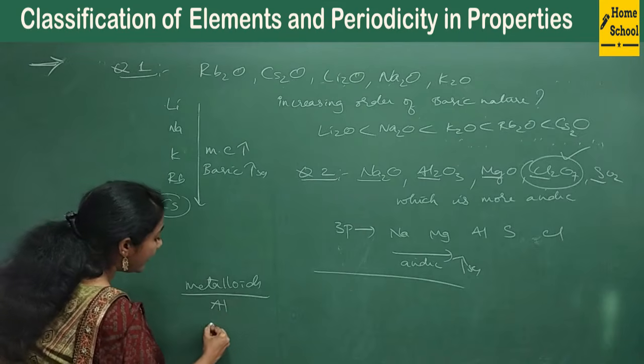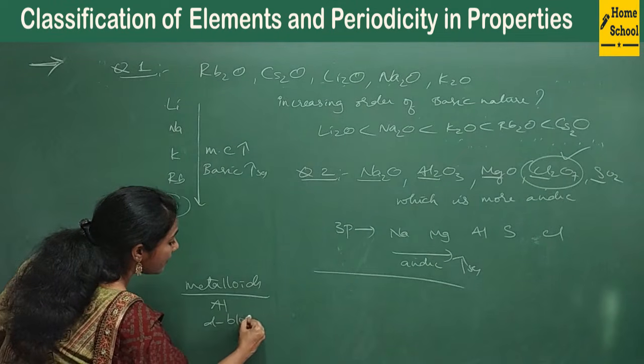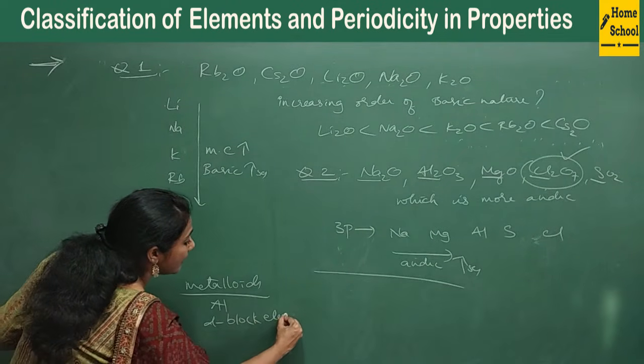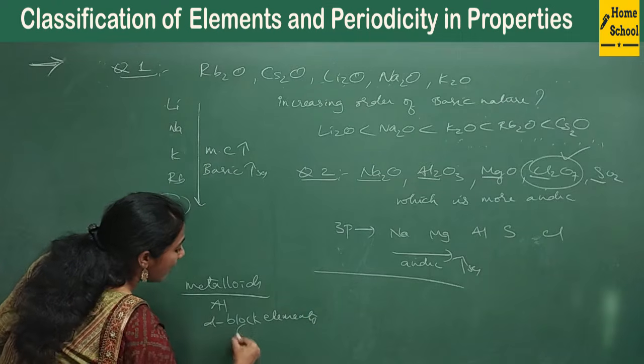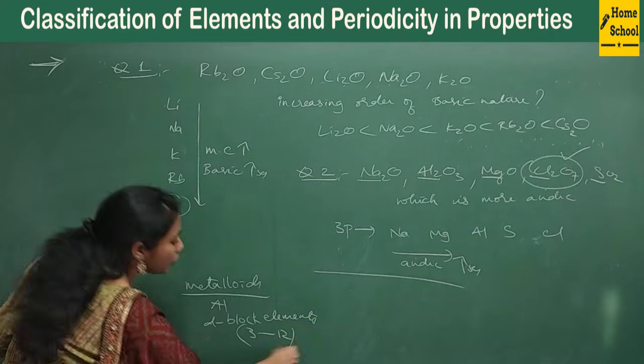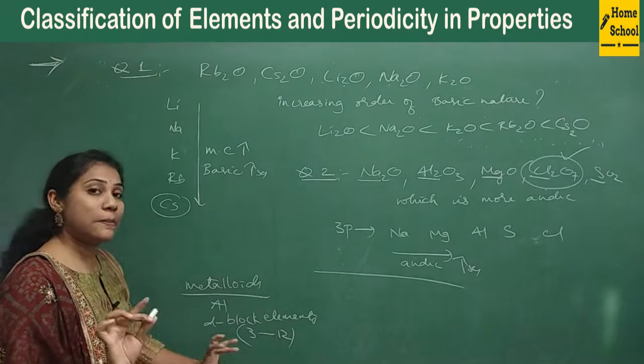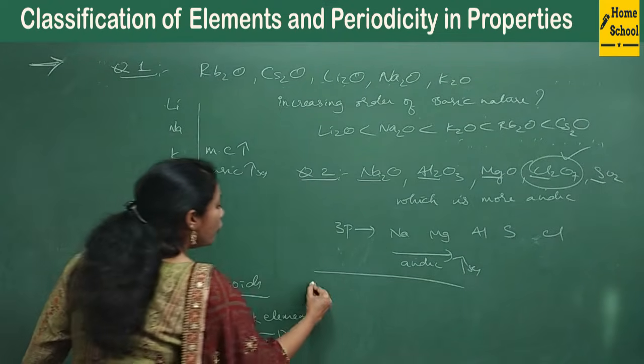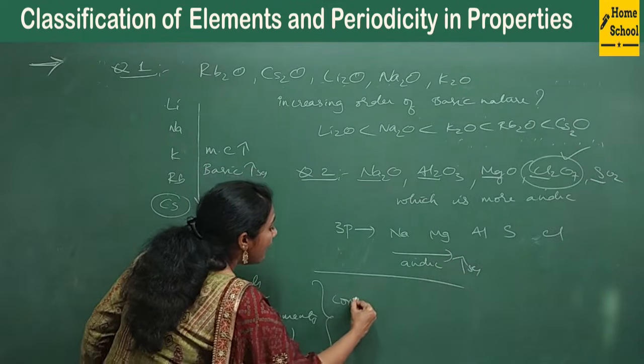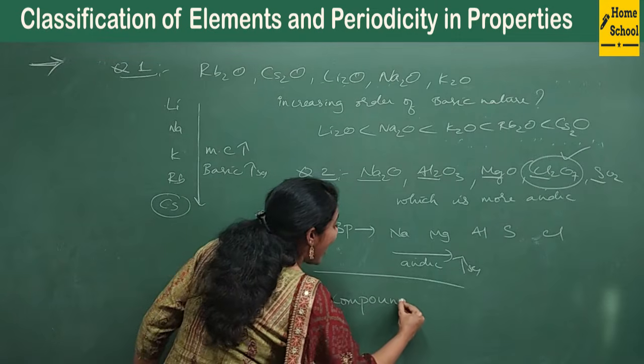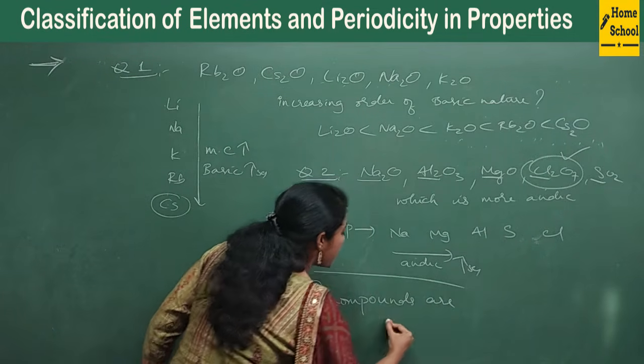And then D block elements, I mean the elements which come in 3rd to 12th group, they are called metalloids. Usually compounds of metalloids are amphoteric in nature.